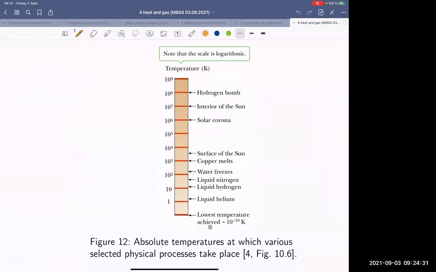10 to the negative 10. Okay, it's almost zero, right? Almost zero. And yeah, at 1 Kelvin, okay, around something of 1 Kelvin, 2 Kelvin, and so on, the helium gas gets the liquid state.